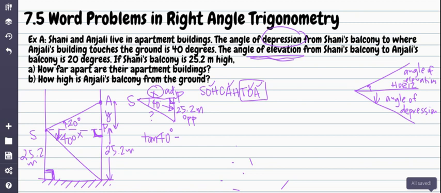That's because in the near future, you guys are going to be using radians as well. So it'll be very confusing if you have radians and degrees. So you want to write degrees on whenever you have degrees. So tan 40 degrees equals opposite, that's 25.2, over adjacent, that's x. Now I'm going to have to solve for x. So I'm dividing by x, so to move it to the other side, I'm going to multiply by tan 40 degrees.